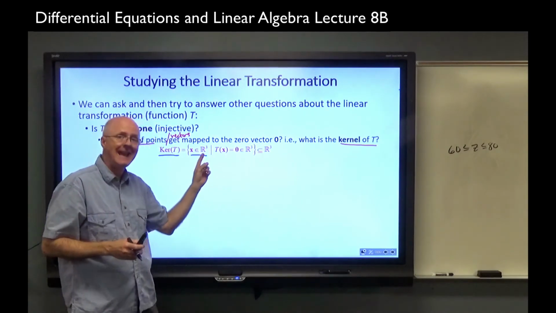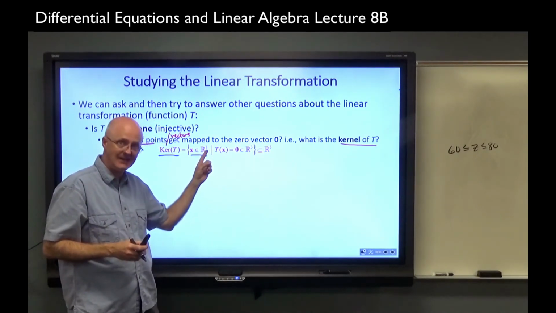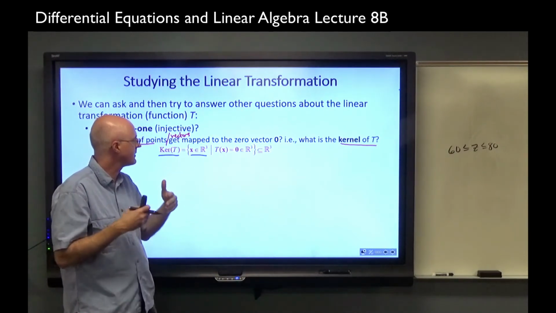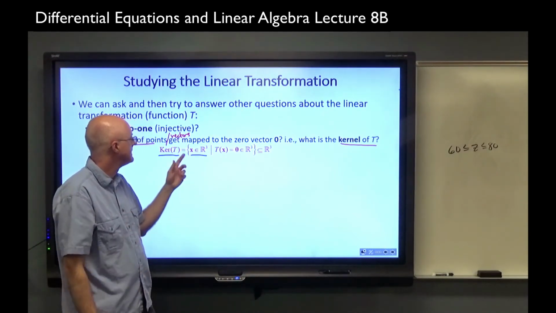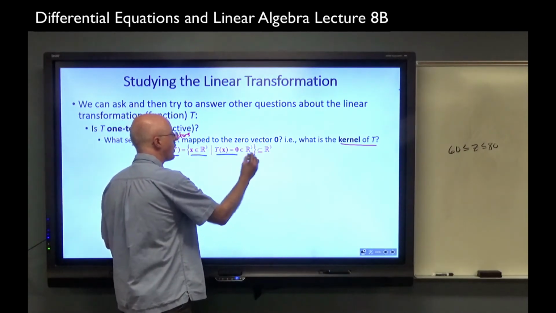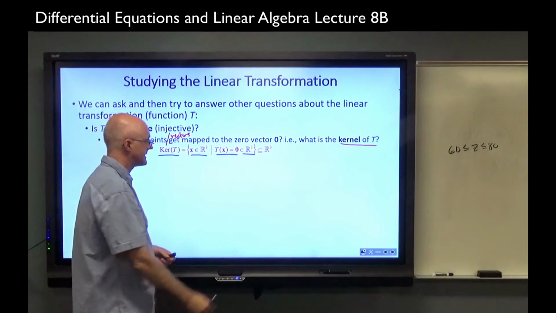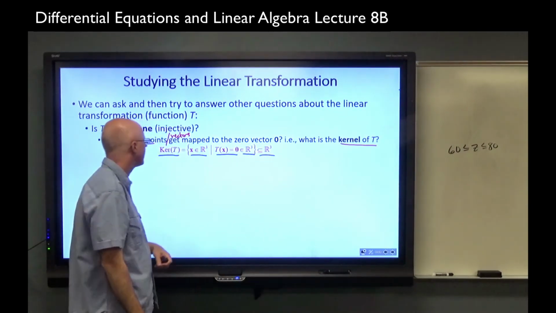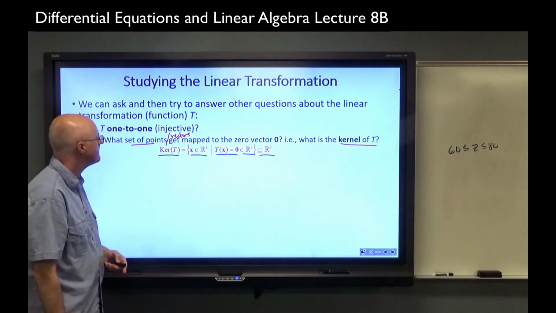But here, both the domain and codomain are three-dimensional. The set of all points in the domain that get mapped to the zero vector in the codomain is going to be a subset of the domain. I think I mentioned that before.